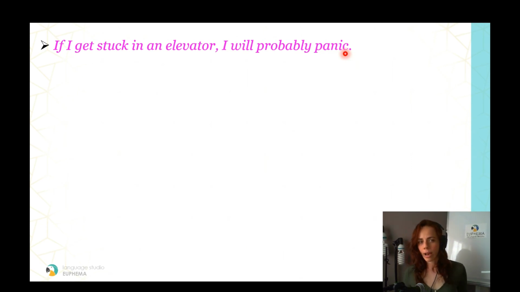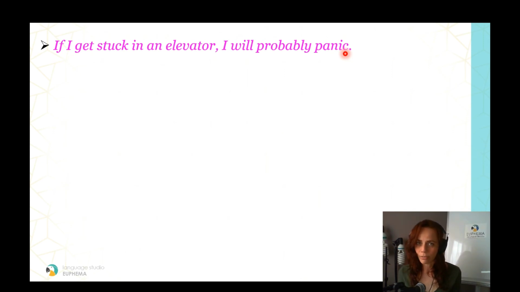Yeah, I said before that I live in an apartment building, which has a lift, which has an elevator, and I use that elevator. So it is very possible that one day in the future, it will get stuck, or I will get stuck in that elevator. In that case, I will probably panic.